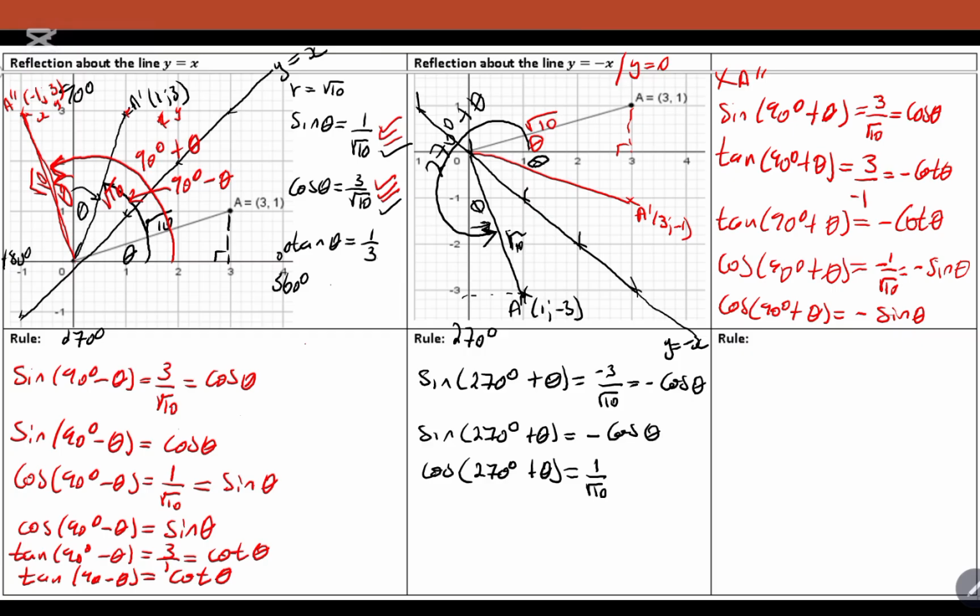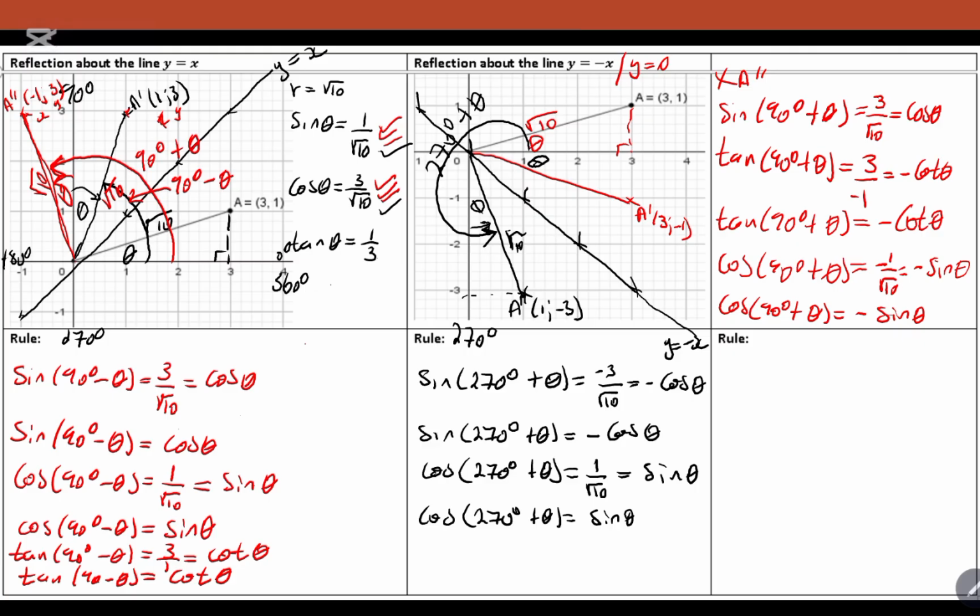That is sine. And they are both positive, so that is simply equal to sine theta. So cos of 270 degrees plus theta is equal to sine theta.